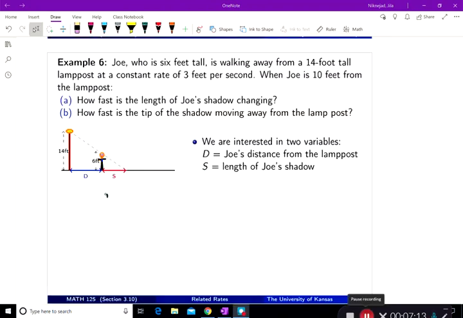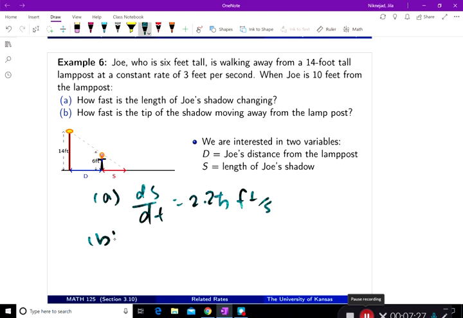So in the first part of the question, we figured out that ds over dt is 2.25 feet per second. And now, to find this distance, we're trying to take the derivative of d plus s.